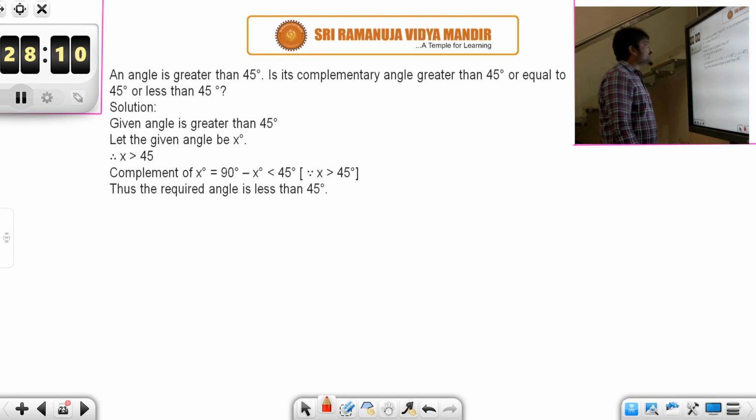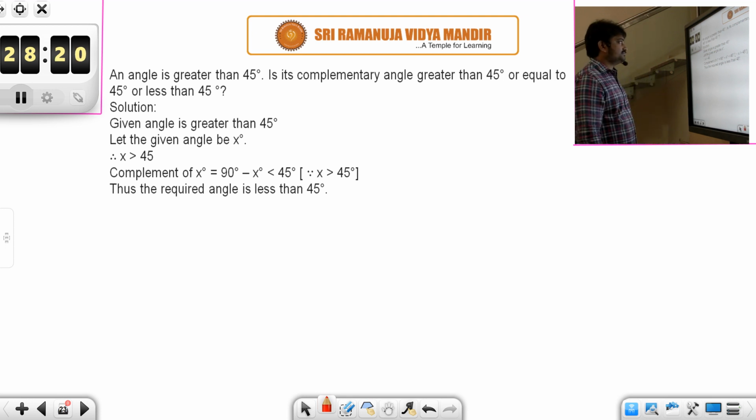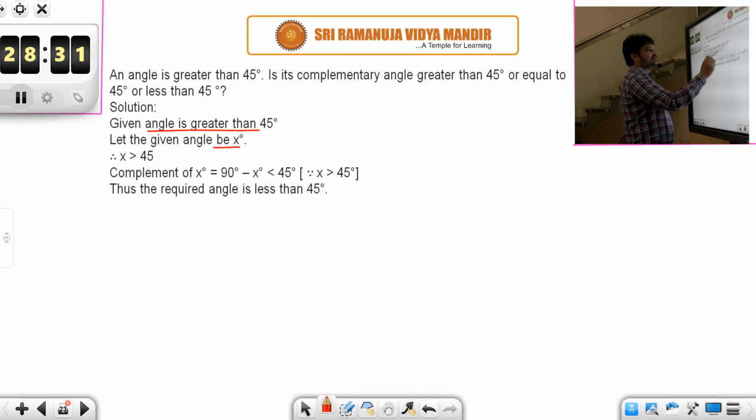An angle is greater than 45. Is its complementary angle greater than 45, equal to 45, or less than 45? See, student, here you are given that an angle is greater than 45. Let the given angle be x degrees. Therefore, x is greater than 45.